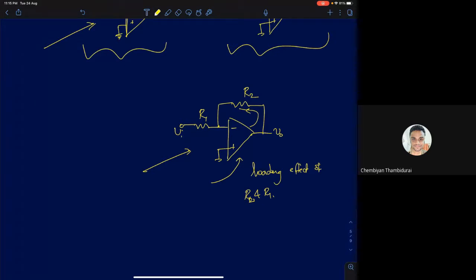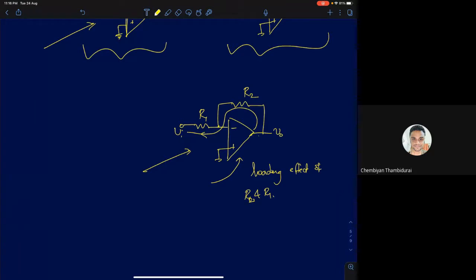When the op amp is trying to charge the output node, it has to charge its own output resistance, or it will be loaded by its own output resistance, and there is also load from the resistors R1 and R2. So there is some path for current through that as well. This is called resistive loading.